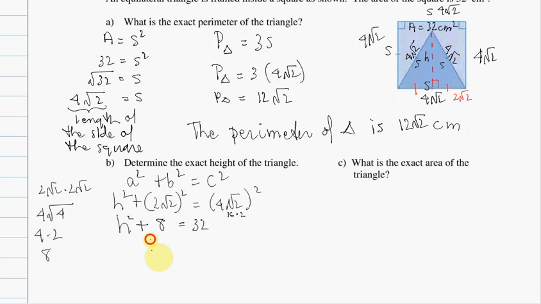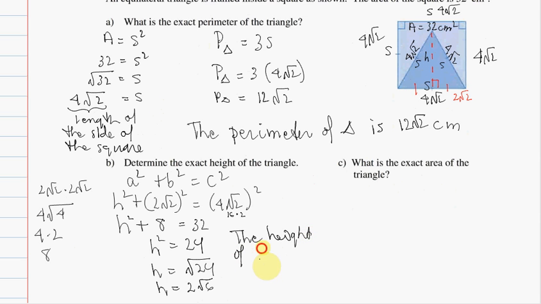Okay, so h squared is 32 minus 8, which is 24. H is the square root of 24. And so the height is 2 root 6. Okay, so the height of the triangle is 2 root 6 centimeters.